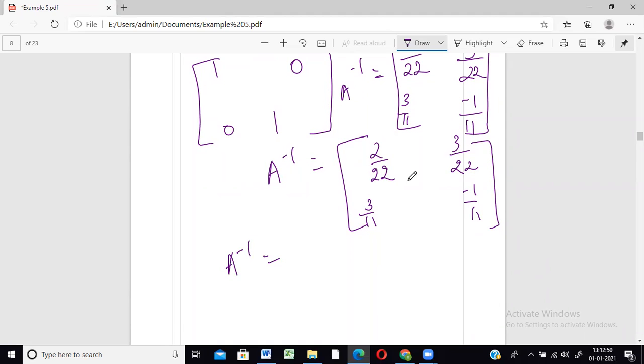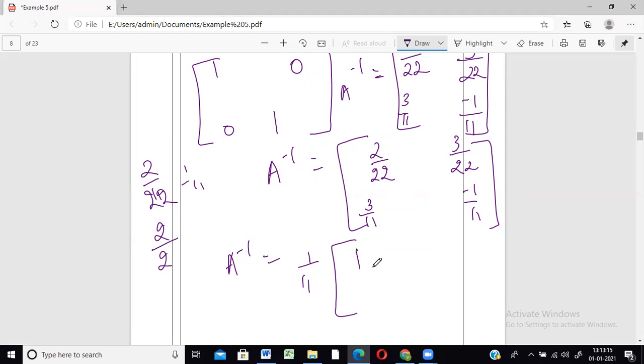If you see, that's 11 and 22, and we can always take that minus 1 by 11 common everywhere, right? So 1 by 11 you have taken common from here. So what remains? 1 by 11 if we take out common from here, so then we get 2 by 11, 2 by 22, 1 by 11 we have already taken, so that becomes 2 by 2, correct? So that is what remains.